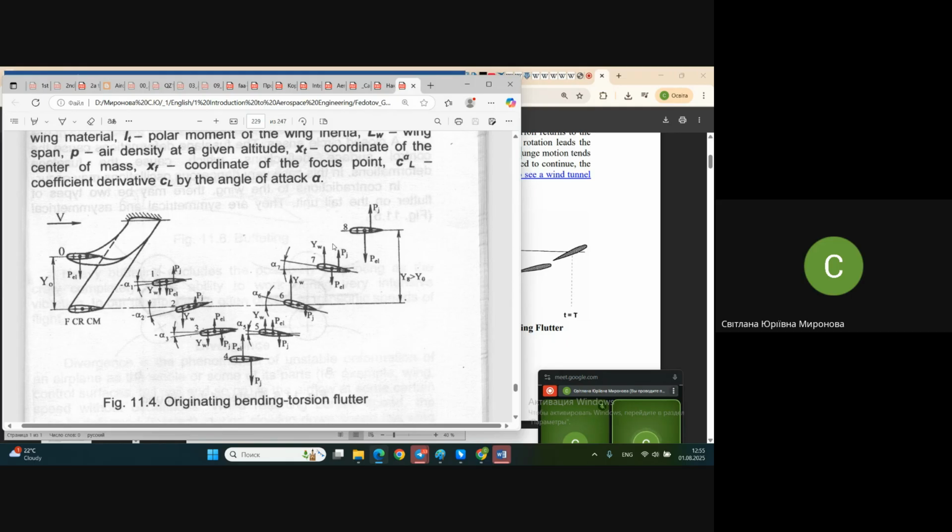And moreover, you know that each structure, even each blood vessel in our body, has a so-called natural frequency, its own frequency of inner oscillations.